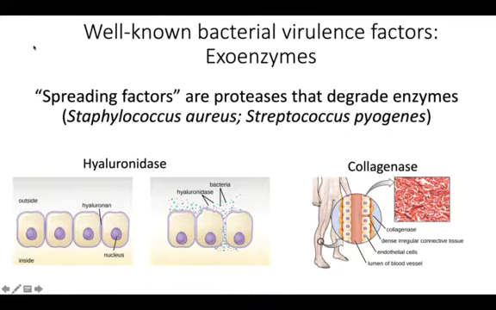We have hyaluronidase, which will break apart the tight junction between the cells. And also collagenase, do not confuse that with collagen or with coagulase. But collagenase, as you see that word, it is an enzyme that breaks apart the tissue so that bacteria may spread.